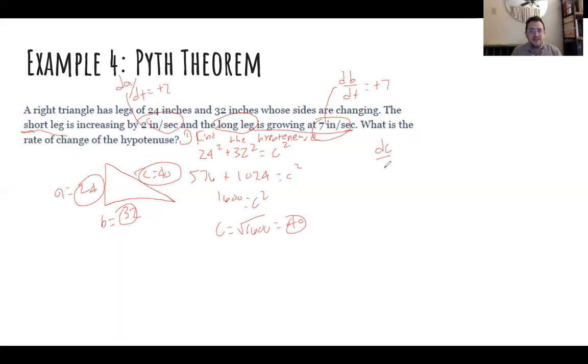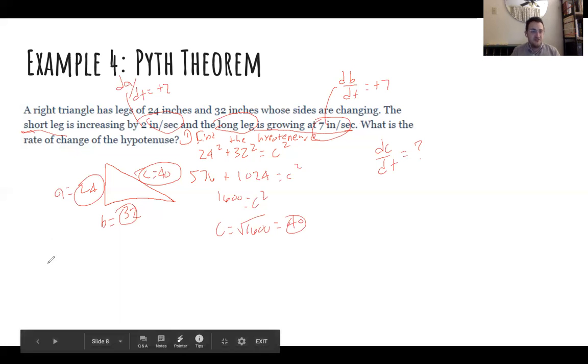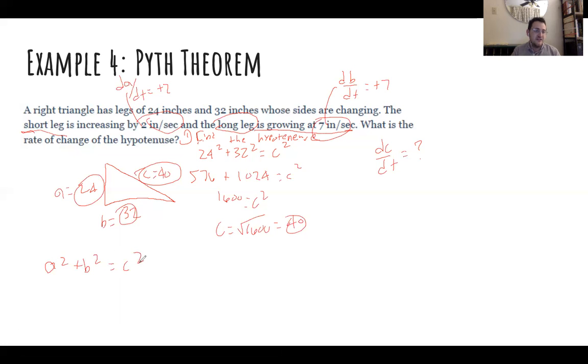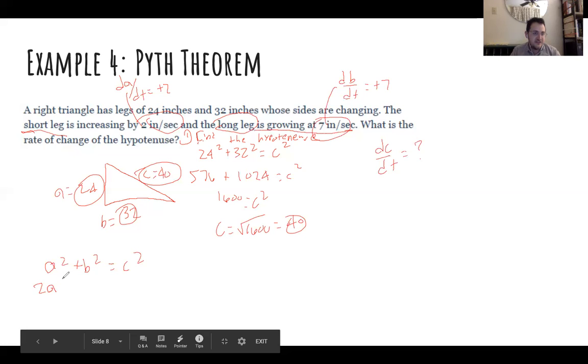So dc/dt equals question mark. I like to start with a basic geometry formula: a squared plus b squared equals c squared. If you differentiate, you get 2a dA/dt plus 2b dB/dt equals 2c dc/dt.